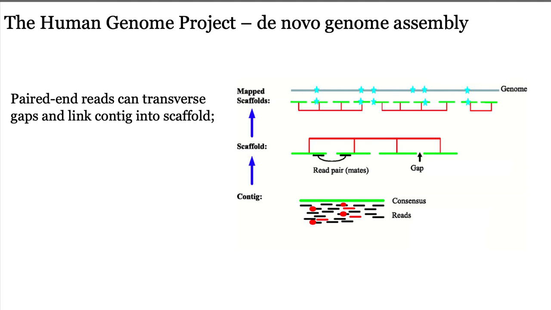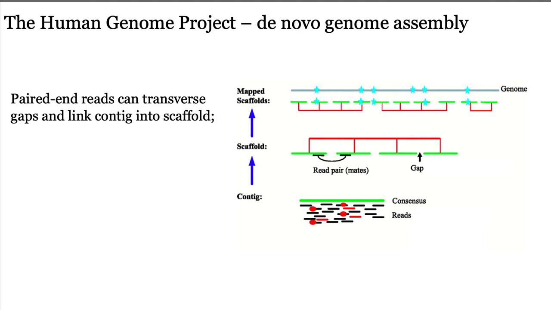What paired-end sequencing can do is this: imagine there is a DNA fragment, and that DNA fragment was sequenced. So we have two sequencing reads from that fragment, one from this contig, one from this contig. Based on that paired-end sequencing, we can link those two contigs together.